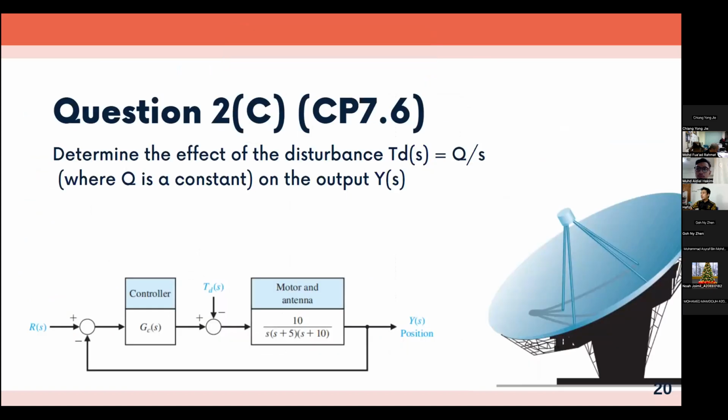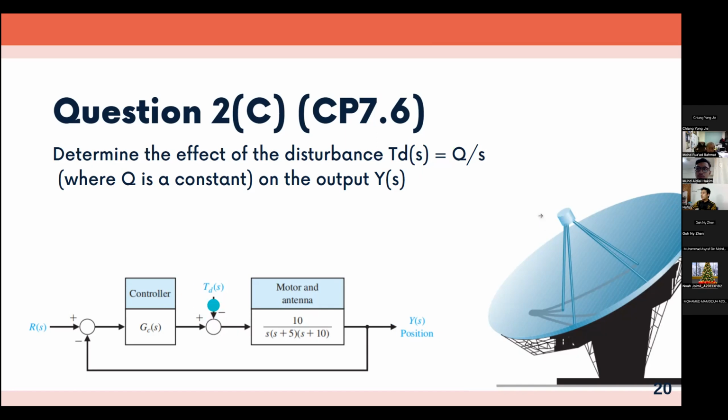And for question 2C, this determines the effect of the disturbance TD(s) equal to Q over s, which is on the output. So the question asks what will happen if we add disturbance to the system.